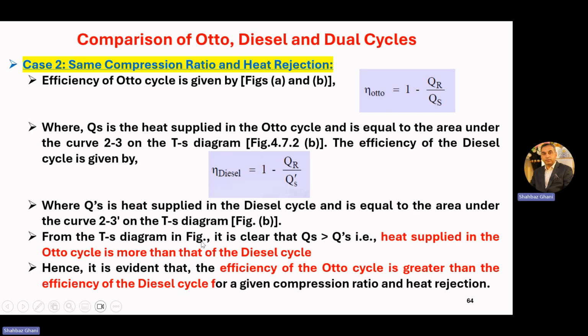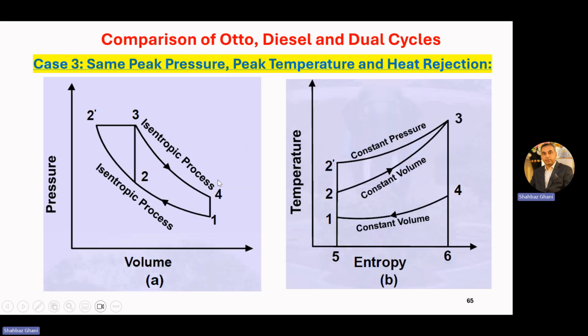From the TS diagram in the figure, it is clear that QS is greater than Q bar S. So heat supplied in the Otto cycle is more than that of the diesel cycle. Hence, it is evident that the efficiency of the Otto cycle is greater than the efficiency of the diesel cycle for a given compression ratio and heat rejection.